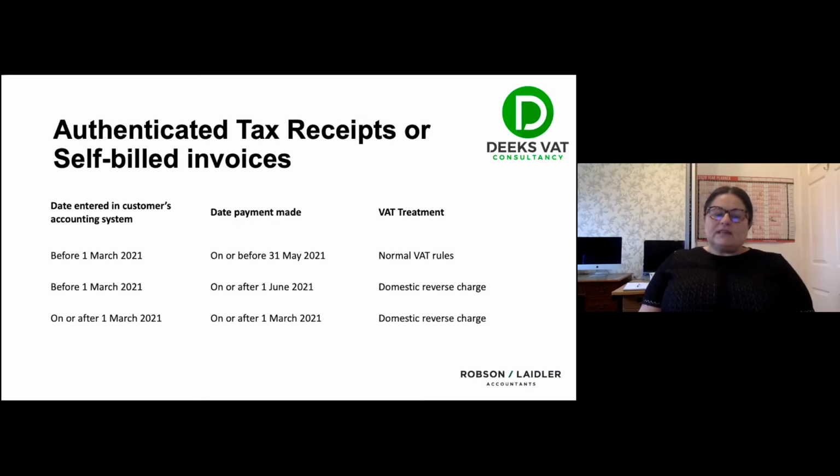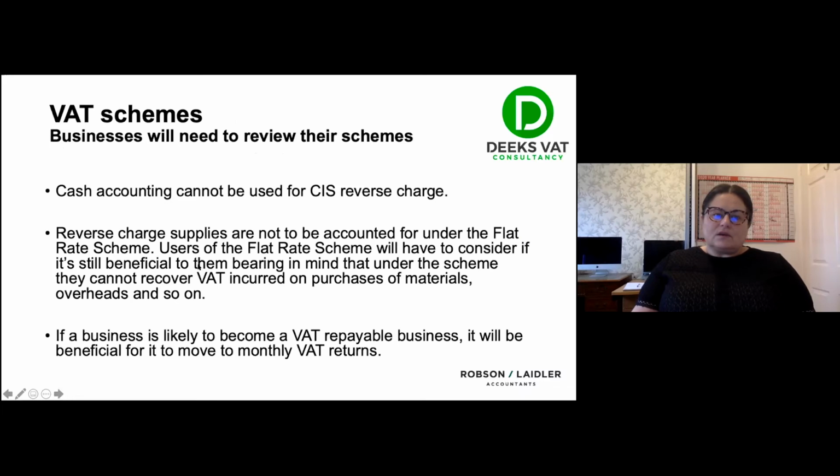Where the customer's entered onto the accounting system on or after the 1st of March and payment is made on or after the 1st of March, then again, it's the domestic reverse charge. So depending on how you invoice your customers, the tax points will differ accordingly.